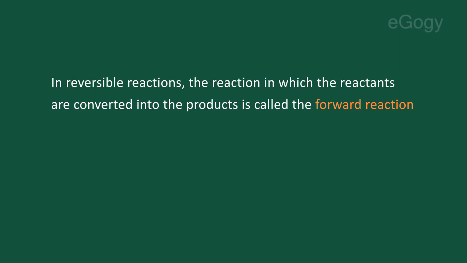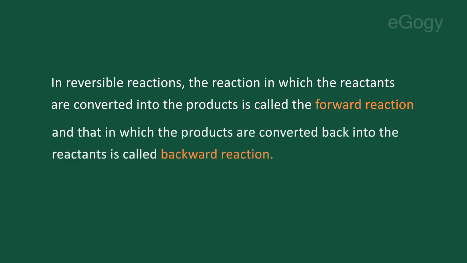In reversible reactions, the reaction in which the reactants are converted into the products is called the forward reaction, and that in which the products are converted back into reactants is called the backward reaction. See more examples of reversible reactions.